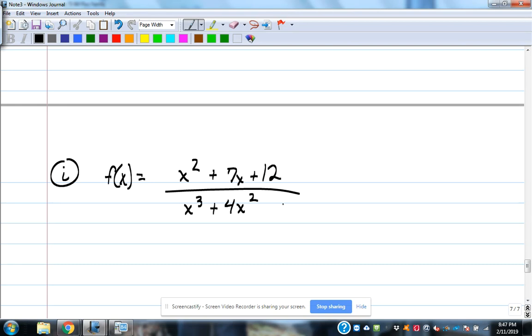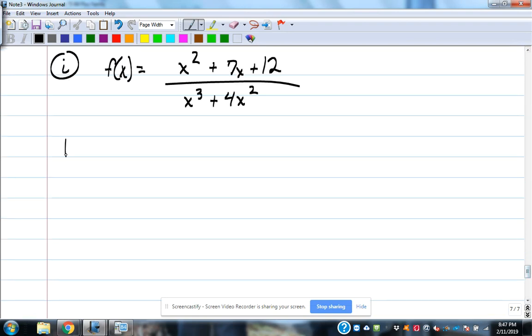That's good. Okay. Let's get our domain. Setting x cubed plus 4x squared equal to 0.